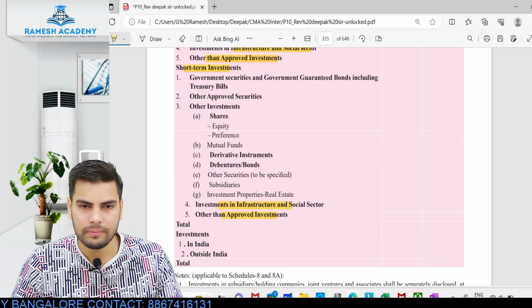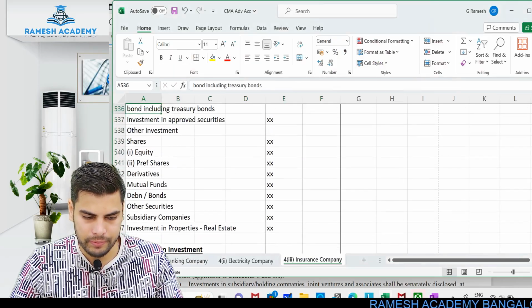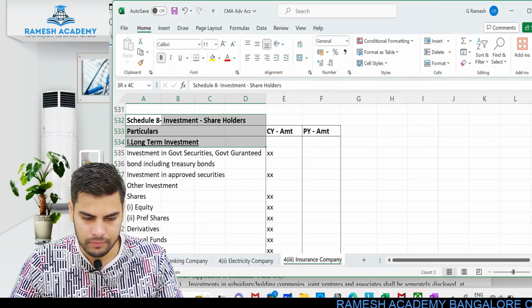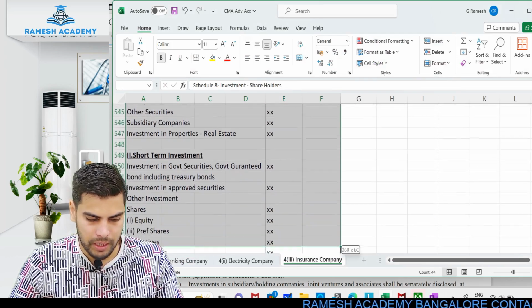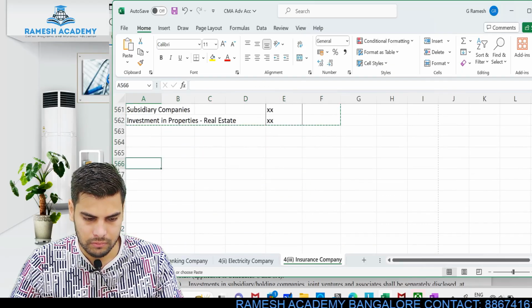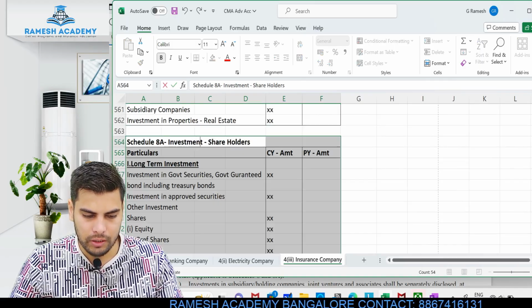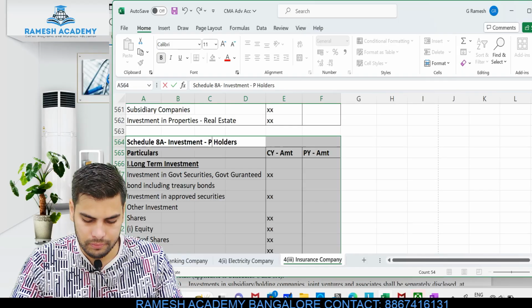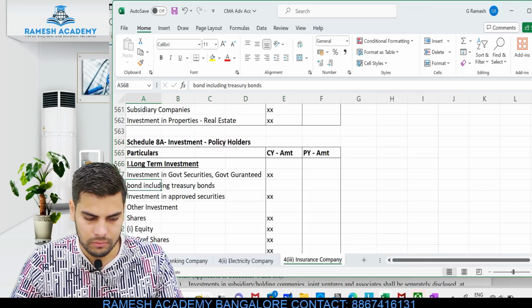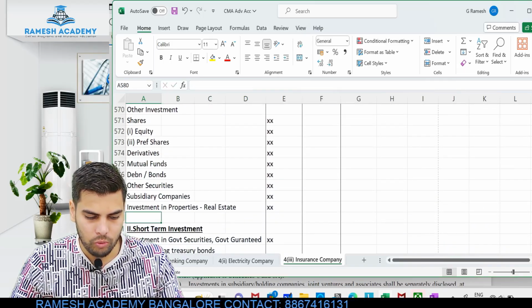Is this clear? Hope you guys understood this. Okay, so let me write this particular schedule. This would be 8A. So what is 8A? This is relating to investment of the policyholders. Exactly the same thing here, you will be having two more add-ons.